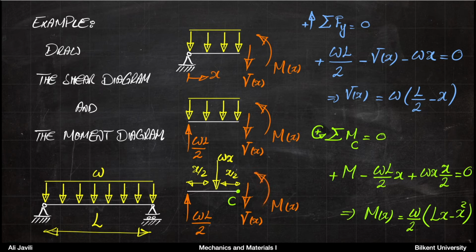If you want to calculate the moment from equilibrium of moments with respect to C, now you would have M with a plus sign. Then you have that force Wx times x over 2, but this will also cause a counterclockwise moment, so it comes with a plus, and then you get the moment due to the force WL over 2, so WL over 2 times x, it comes with a minus. You reorder the terms, and then you get the moment distribution in terms of x.